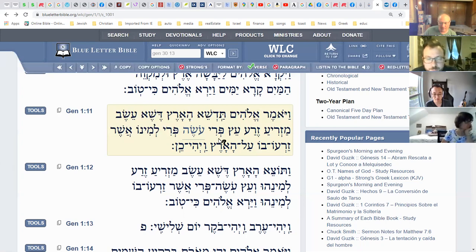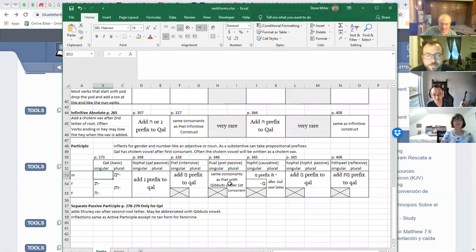I think it's a participle, or was that an infinitive? With the O, oh no, there is no O. Oh, there is an O there. So I've got to look that up. That O is not part of the inspired text, but it shows the way it was understood.